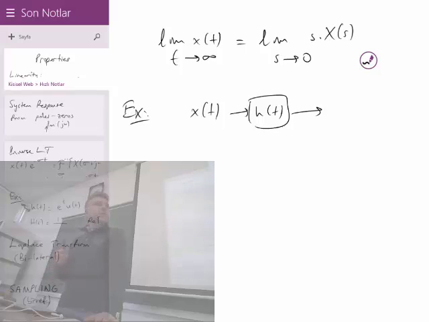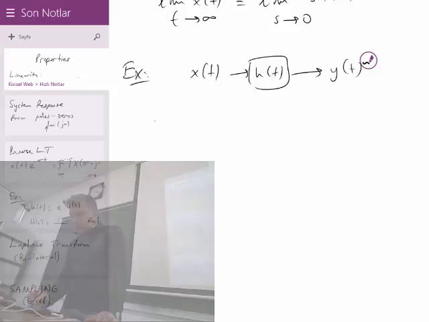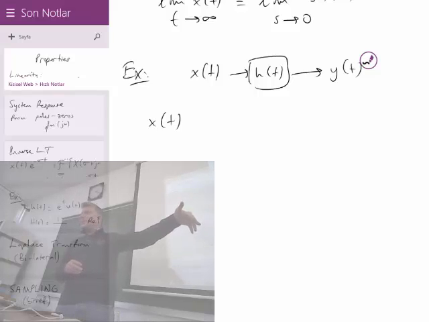If I write the impulse response with h of t, it automatically means that it's an LTI system, and therefore we have the Laplace transform as well. And the output is y of t, where x of t and y of t black box experiments are carried out. The first black box experiment that we did was applying an impulse and observing the response, which was h of t, impulse response.